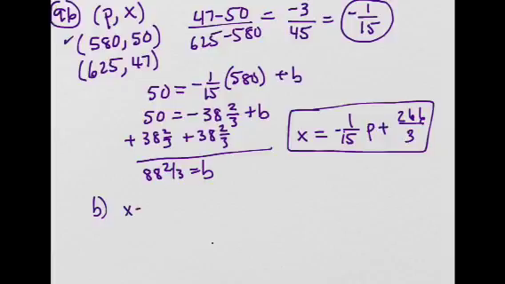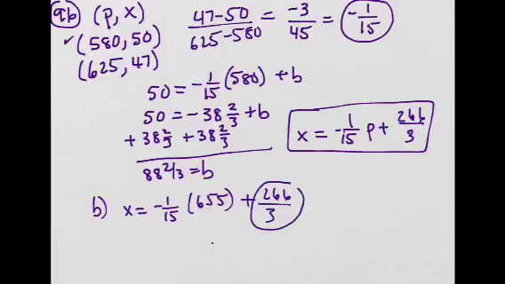So we're going to replace the P with 655 for part B. So X equals negative 1/15 times 655, and then add it to 266 over 3. And just let your calculator do the rest. So when you input this in the calculator, 655 divided by 15, and it's negative, and add it to 88 and 2/3.